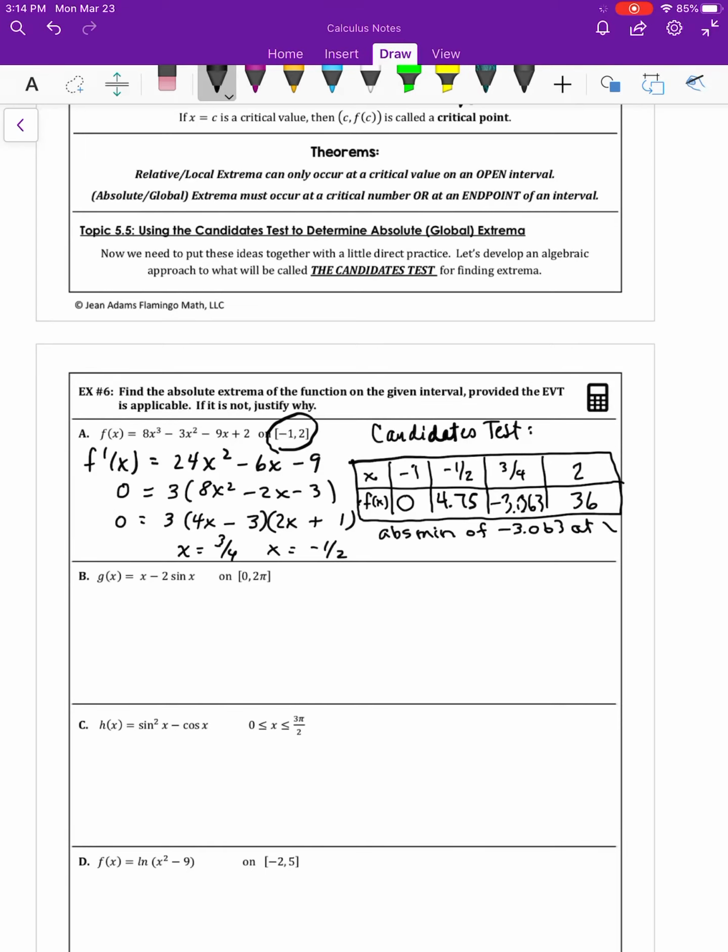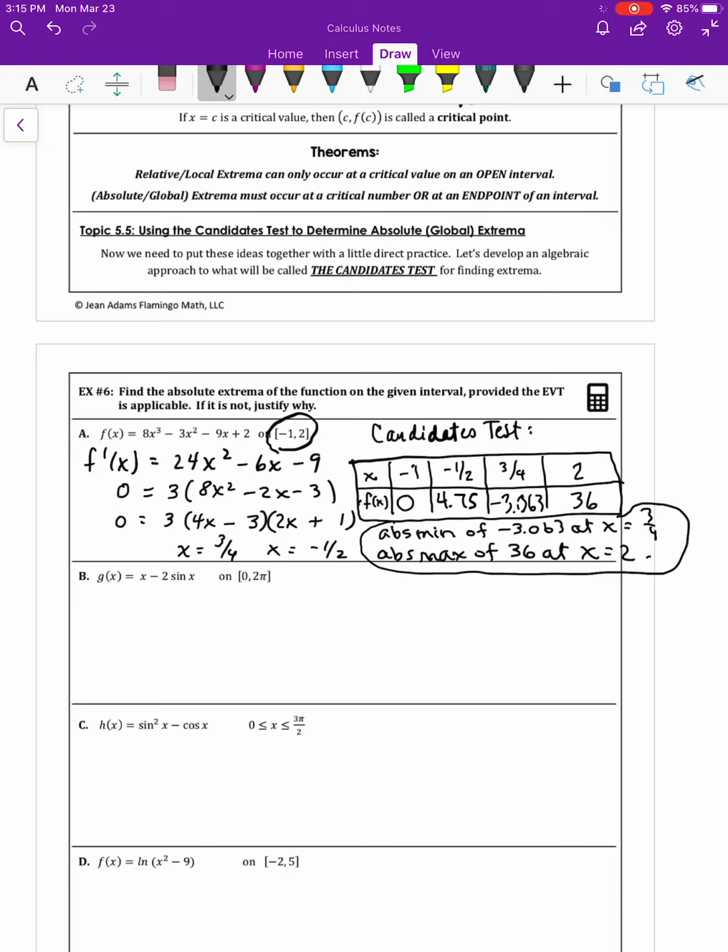So an absolute min of negative 3.063 at x equals 3/4, and absolute max of 36 at x equals 2. That's really what they're asking you for: to find the absolute max and min, the absolute extrema on the given interval.